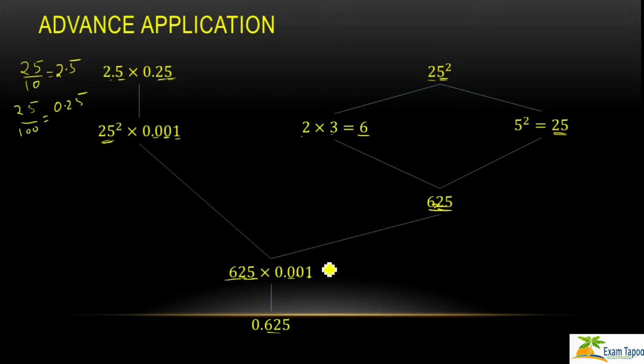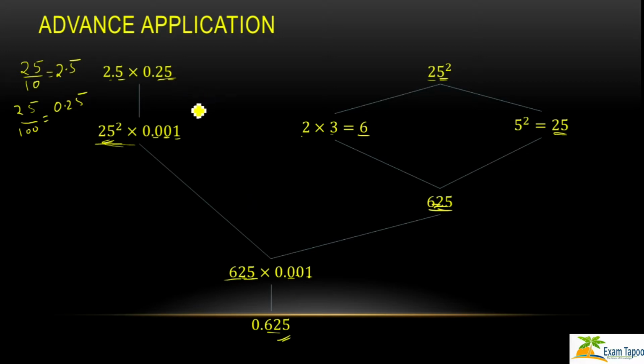Now imagine what is easier for you: calculating 2.5 times 0.25 directly, or squaring 25 and multiplying by 0.001? I feel that this is the better, easier method for the same calculation.